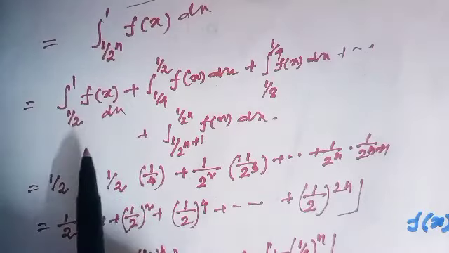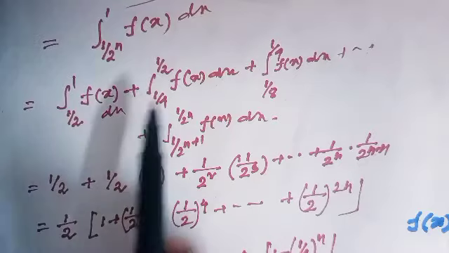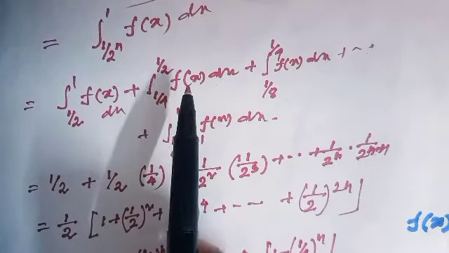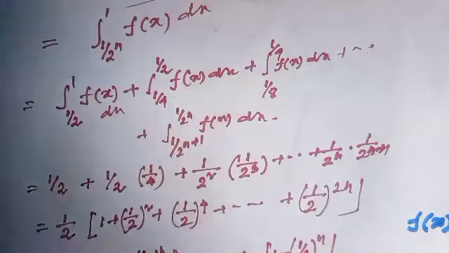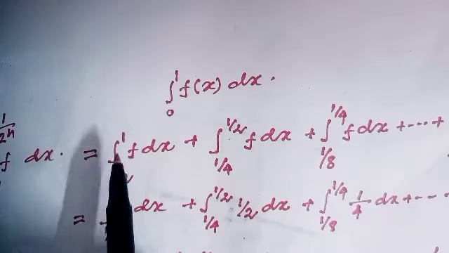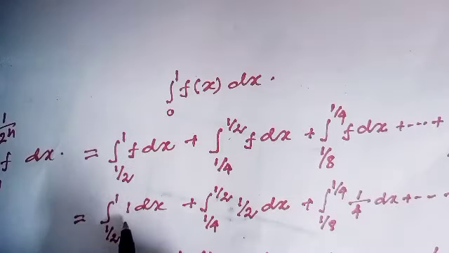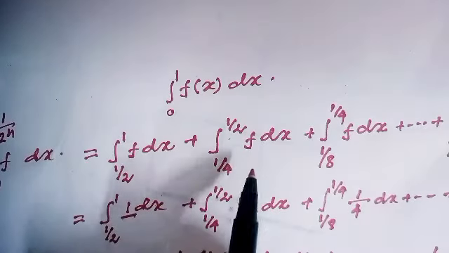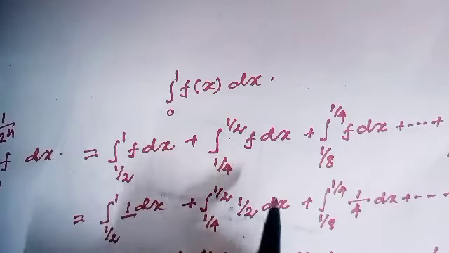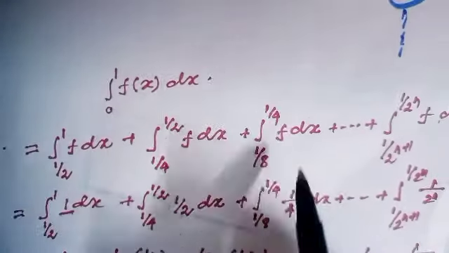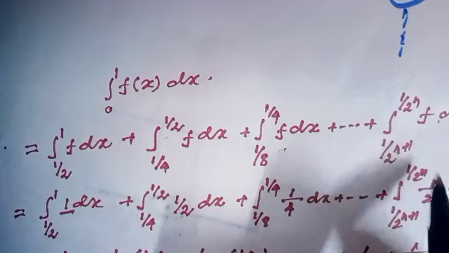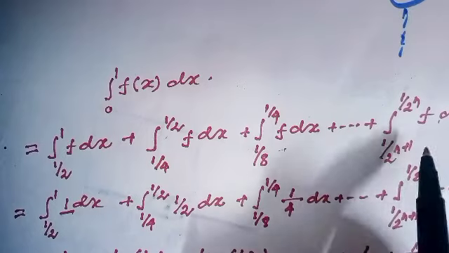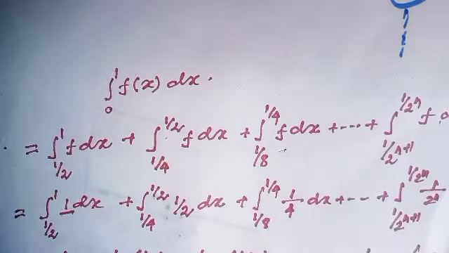And this is actually equal to, if we put the values here: from 1/2 to 1 the value of f would be 1, here the value of f would be half, here the value of f would be 1/4, and here the value of f would be 1 over 2 to the power n.